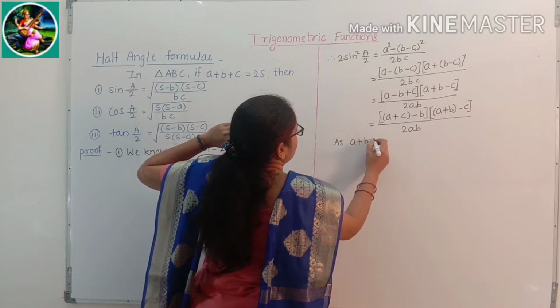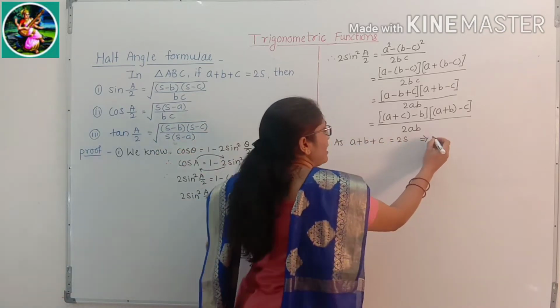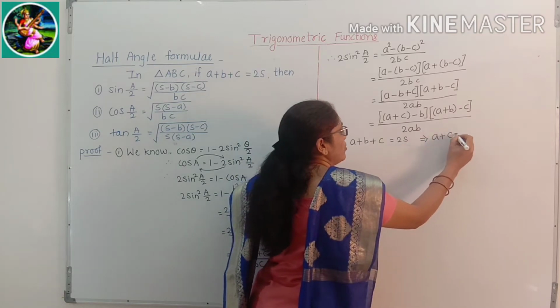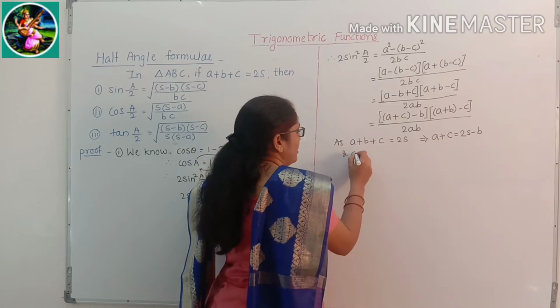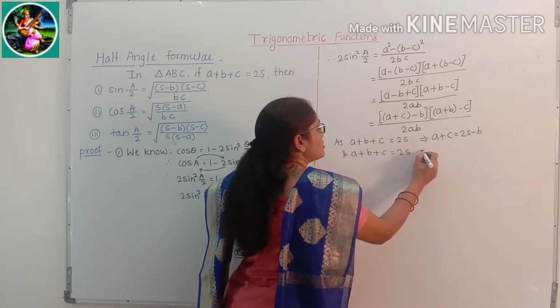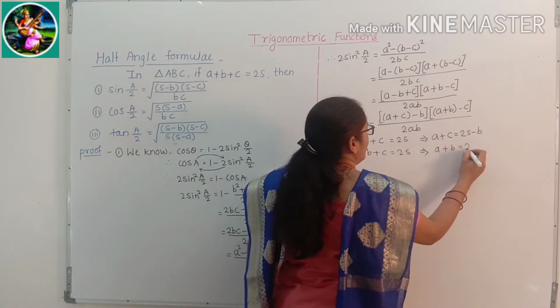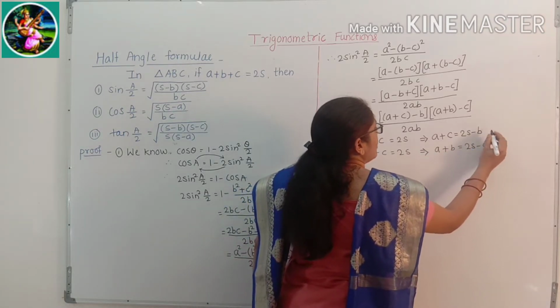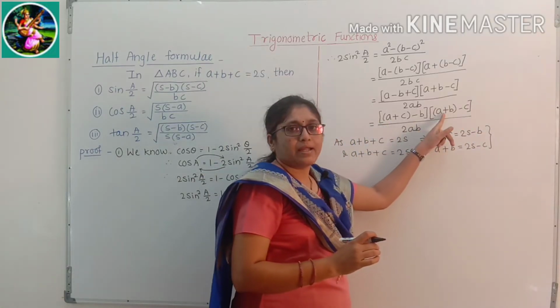As given, a plus b plus c is equal to 2s. That gives a plus c is equal to 2s minus b, and a plus b plus c equal to 2s also gives a plus b is equal to 2s minus c. We put these values instead of these brackets.